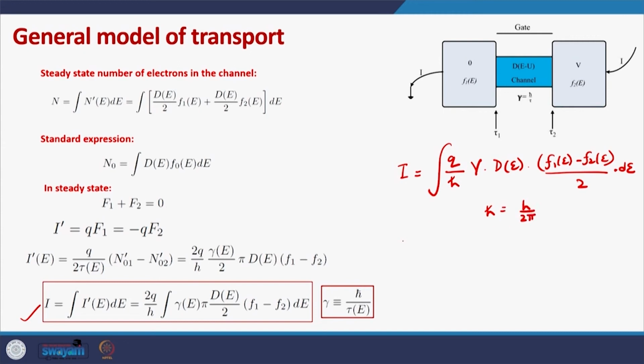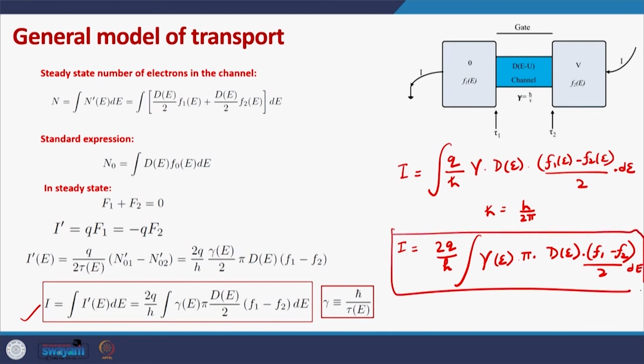In that case, this expression becomes 2Q by H, and this is a constant. So, it can come out of the integral: gamma, which can also be a function of energy, times pi times dE times F1 minus F2 by 2, and these two F1 and F2 are also functions of energy. We are not explicitly writing it, but it should be kept in mind, and this is essentially the expression for the current, which is what is written here.